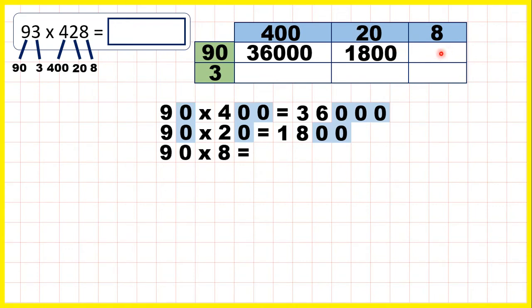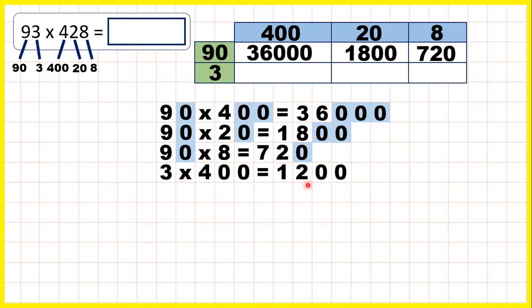And for this box, we have 90 times 8, which is 720, because 9 times 8 is 72. Then an end zero in the question means an end zero in the answer. Now we have 3 times 400.